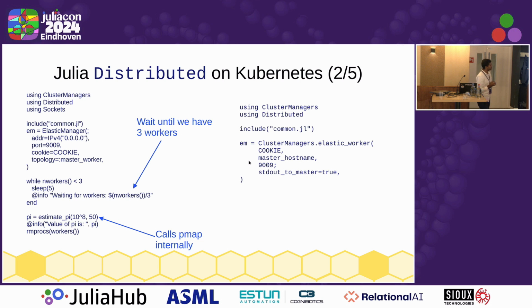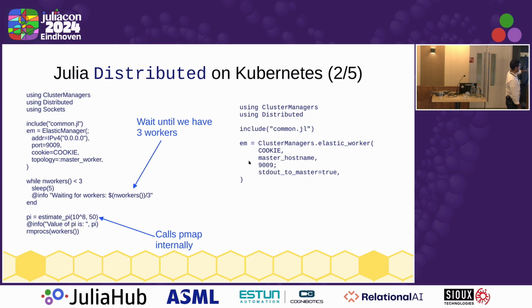So this is actual code. Some of the code is hidden in this common file, but most of it is here. On the left side, you have the master's code. Right is the worker's code. So you just say using ClusterManagers, and we have this elastic manager constructor, which starts up a server on the master for the workers to connect to, and it happens asynchronously.